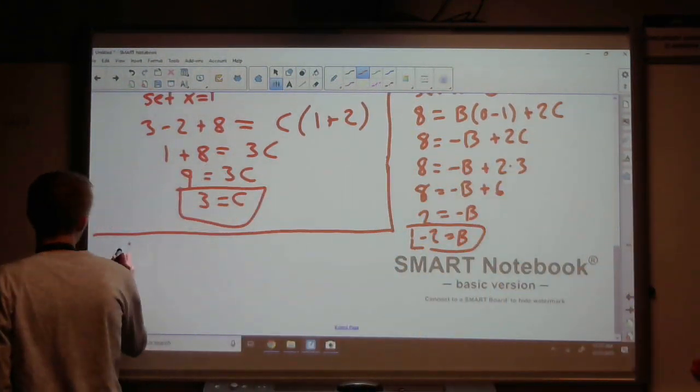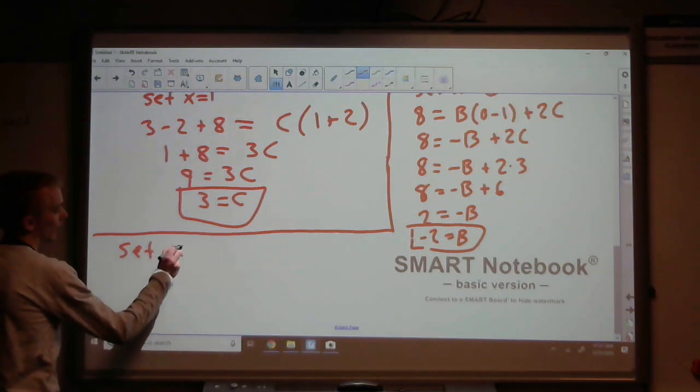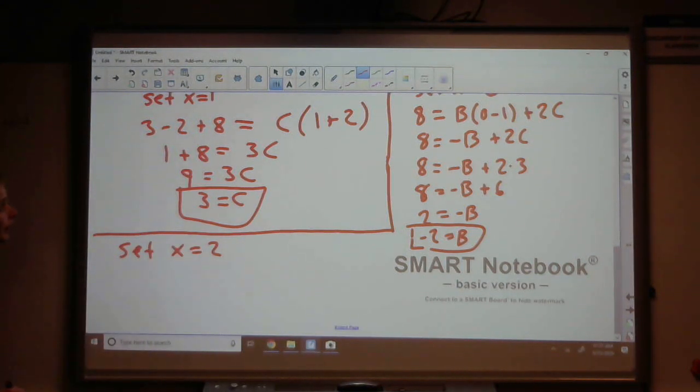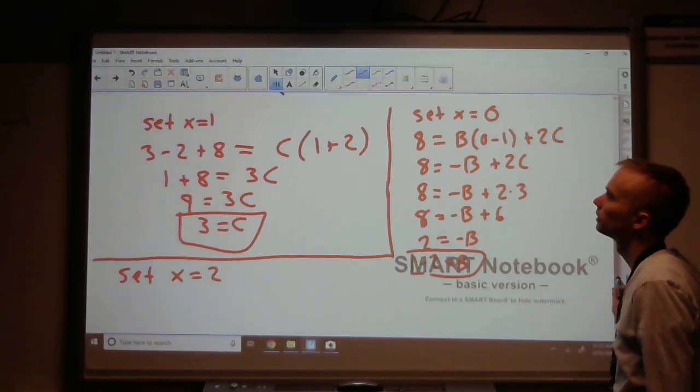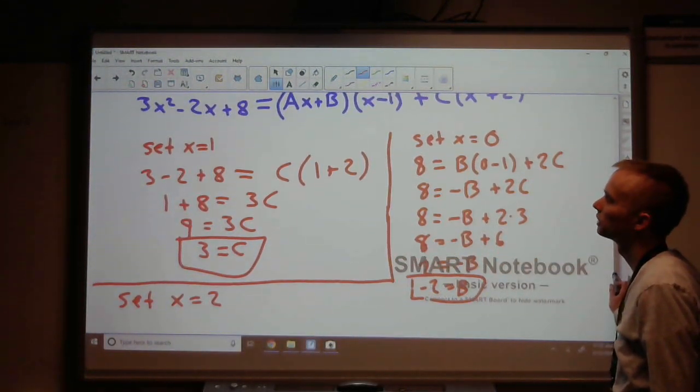So I'm going to set x equal to 2. Let me scroll up a little bit and we'll see our equation again.